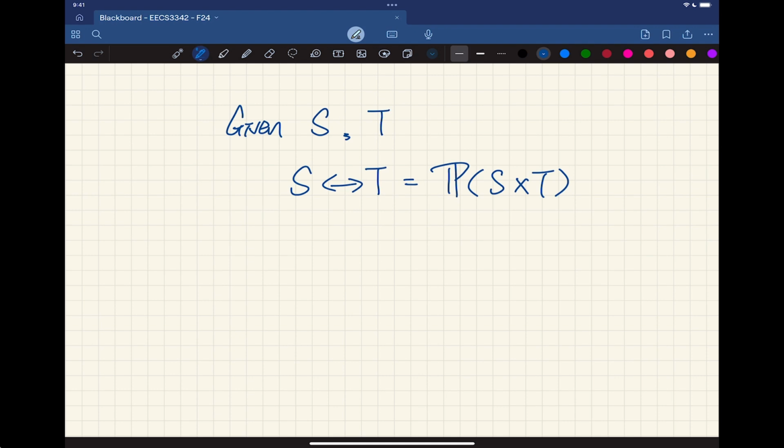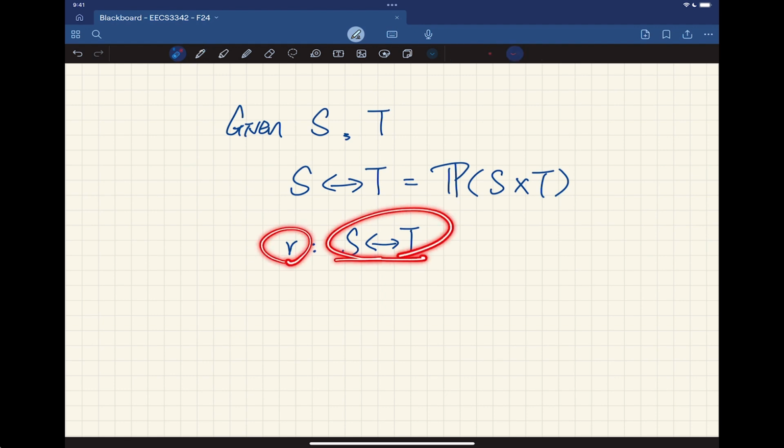And now, in Rodin, now you will know a little bit better. What does it really mean? When you say R, a variable, colon, S relation T. This is to say, R is a member of all the set of possible relations. That means R is a single relation.